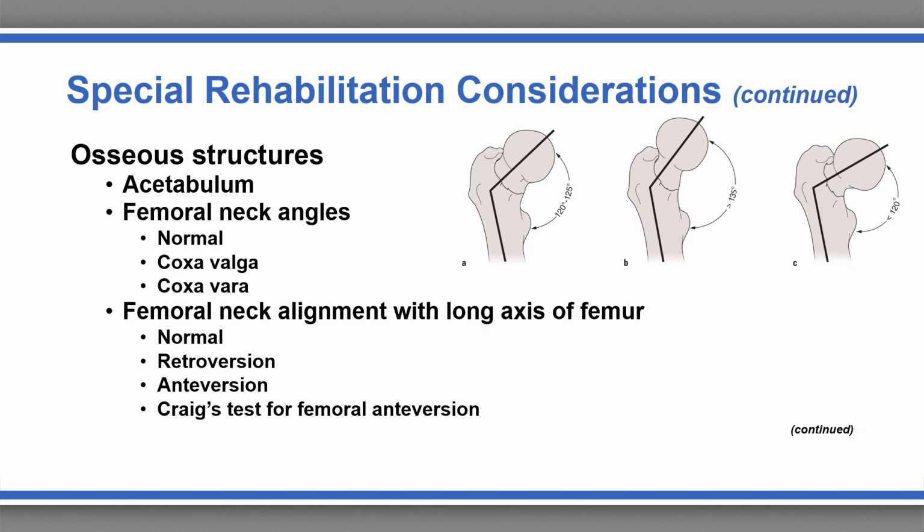Conversely, if the femoral neck's position is less than 15 degrees to the femoral long axis, then we refer to it as retroversion. And retroversion occurs to position the femur in more of a lateral rotation. This is less common. So anteversion and retroversion also have significant clinical implications when it comes to the knee alignment and change the forces acting through the lower extremity.